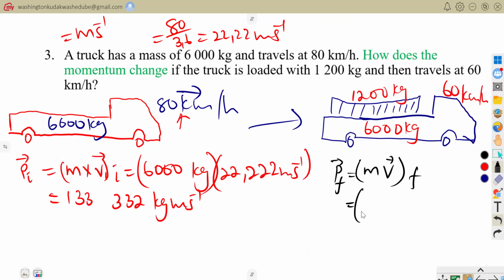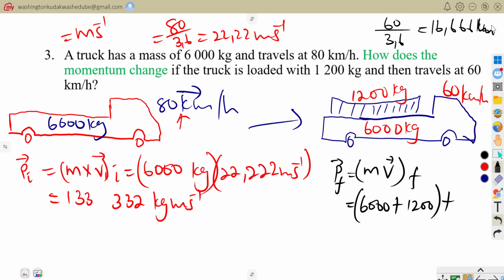Our mass now is 6,000 plus 1,000. And then what is our velocity now? 60 kilometers per hour. You just say 60 divided by 3.6. It gives you 16.666 meters per second.